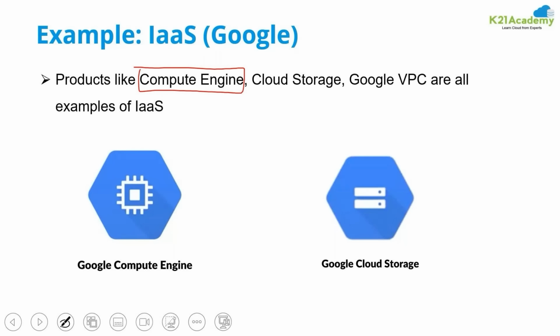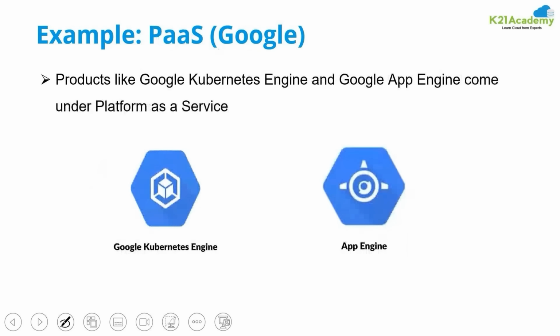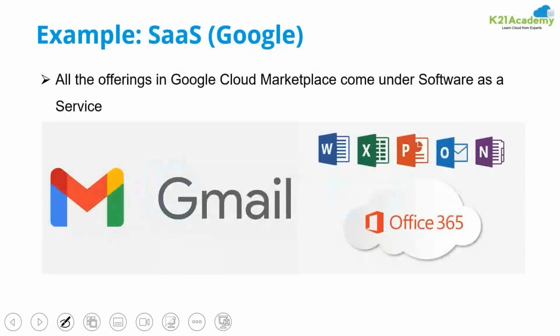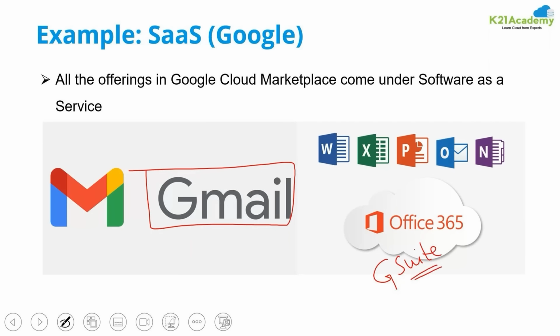So all the clouds basically offer you this as IaaS, PaaS, and SaaS. In Google, for PaaS, it is Google Kubernetes Engine or Google App Engine. In SaaS, Google has got its Gmail, and G Suite is also offered by Google.